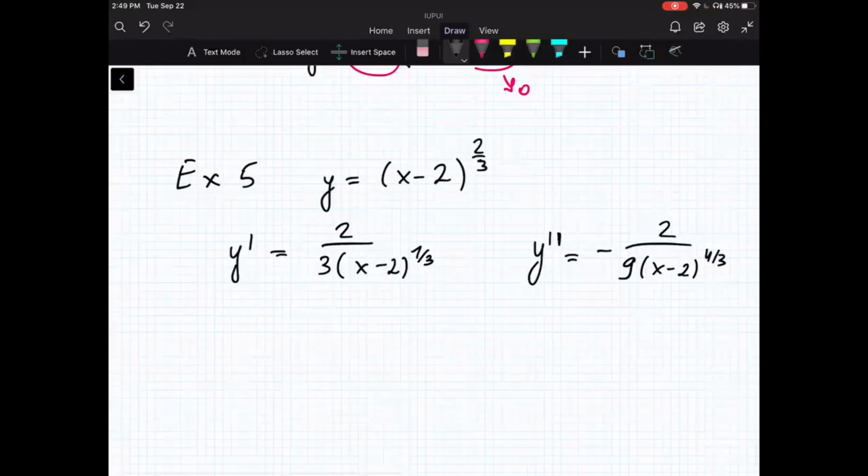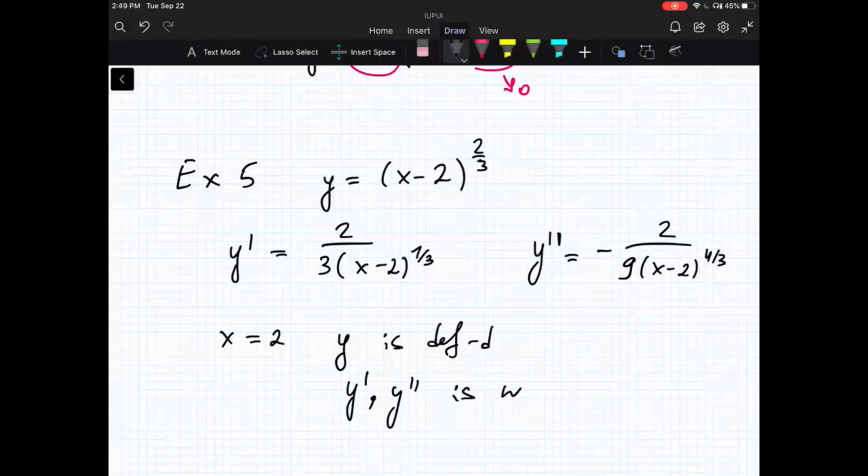And so what is crucial? The crucial point is that at x equals 2, your function is defined, while the first derivative and the second derivative are not defined.